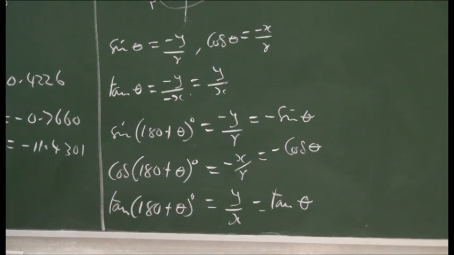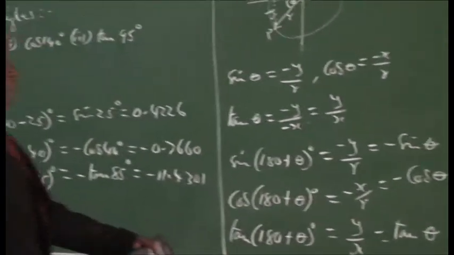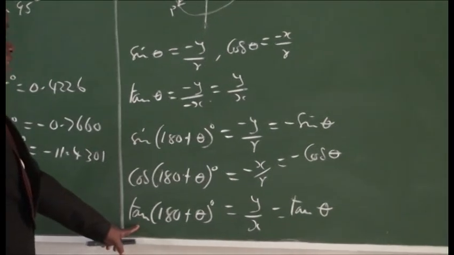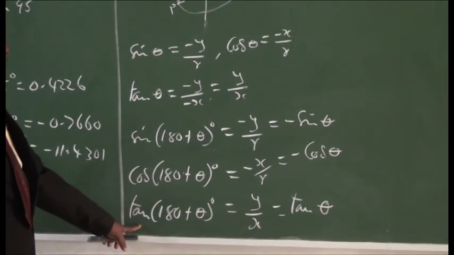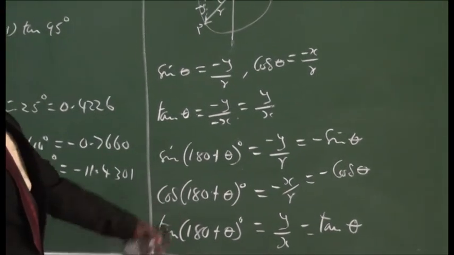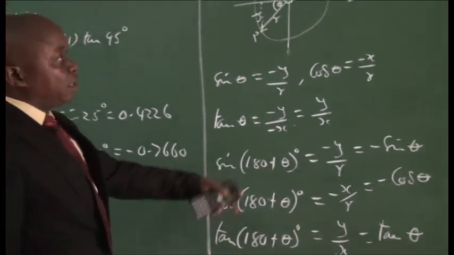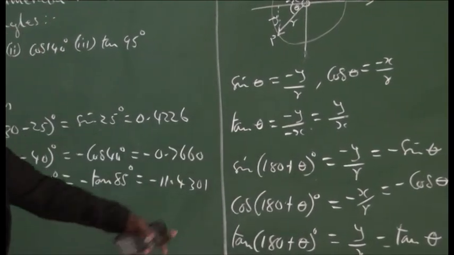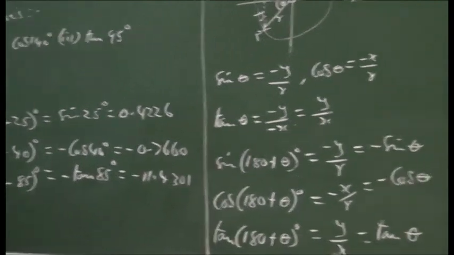So in the third quadrant, the tangent of the angle is positive. Now, based on this definition, we can have some examples and see how we solve problems in the third quadrant.